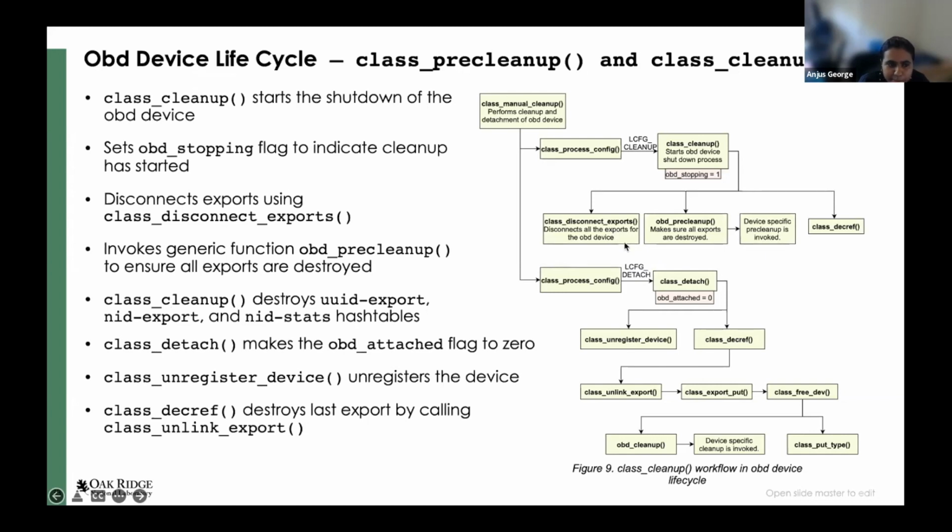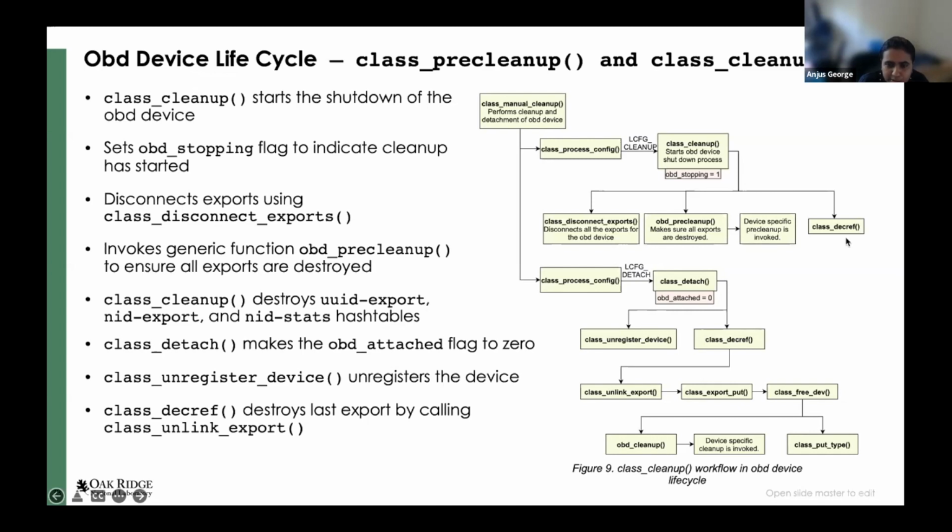The OBD pre-cleanup calls the device-specific cleanup routine, such as MGC pre-cleanup, and class cleanup then destroys the UUID export, NID export, and NID stats hash tables and invokes the class decref function.